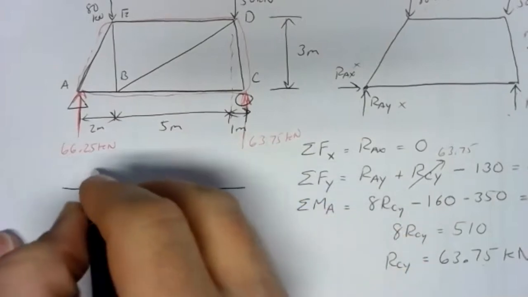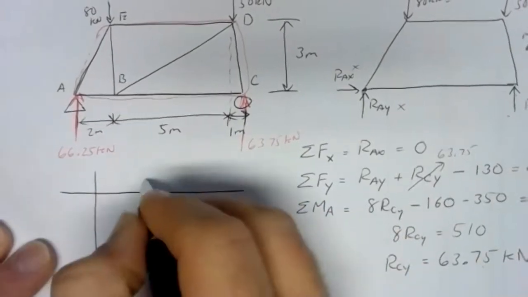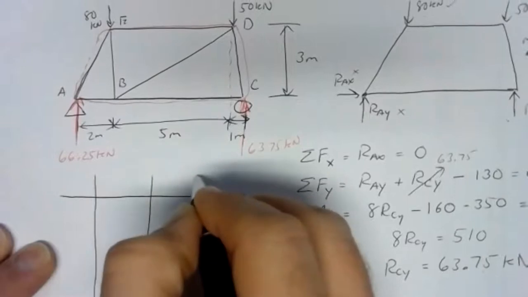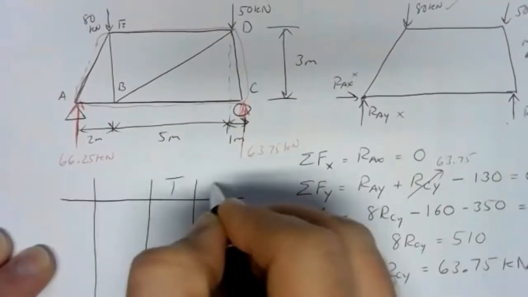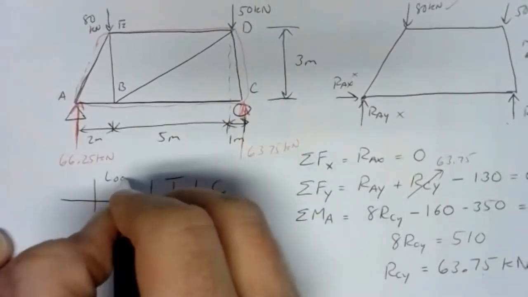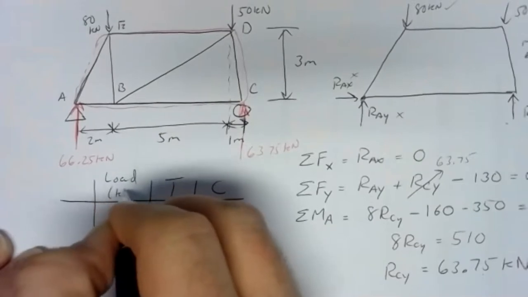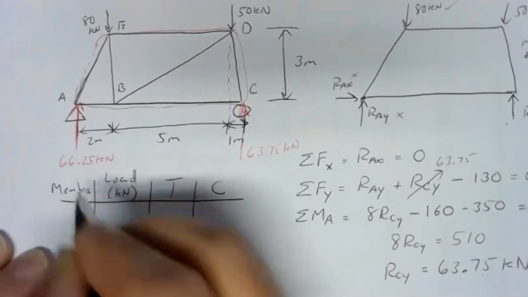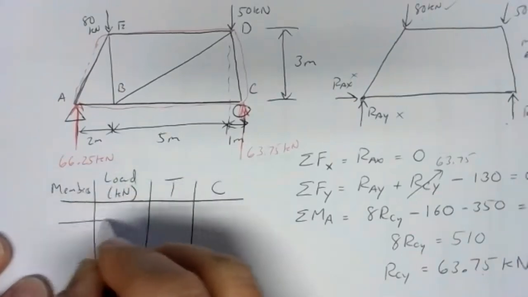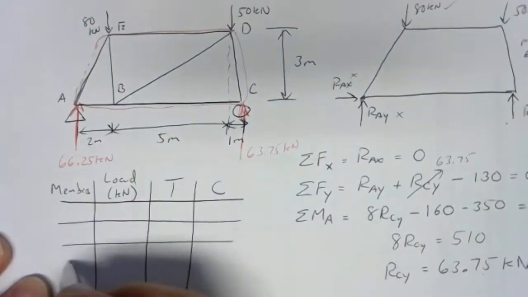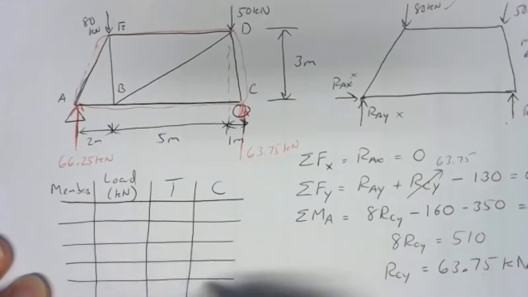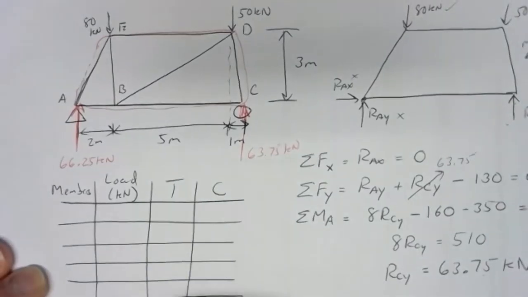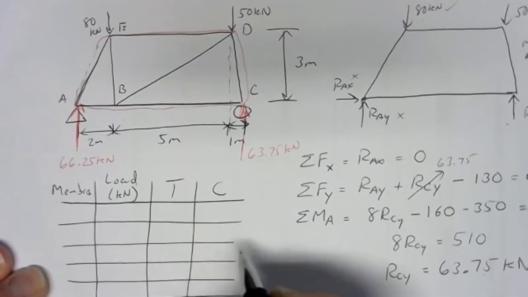So we'll draw up our table of loads and states of tension and compression. So we'll have tension and compression. We'll have our load in kilonewtons, and we'll have our members here. I think I had 7 members in there total, so we'll give a row to each member.